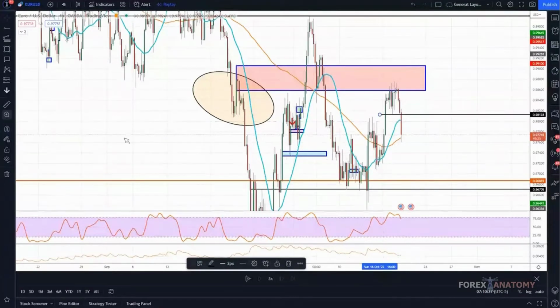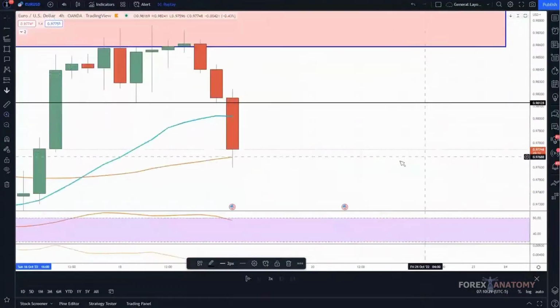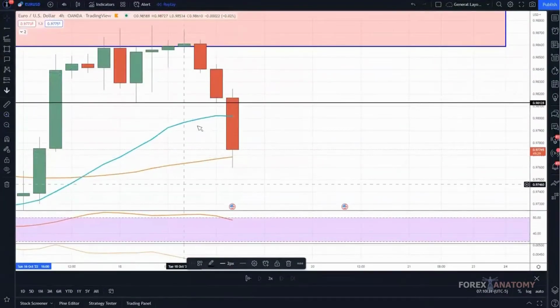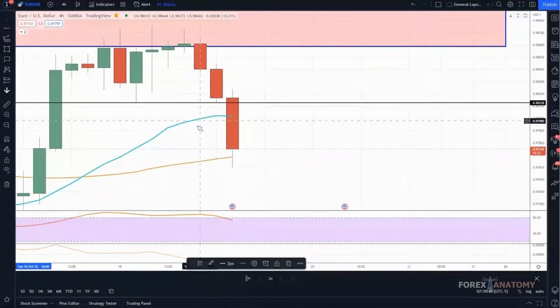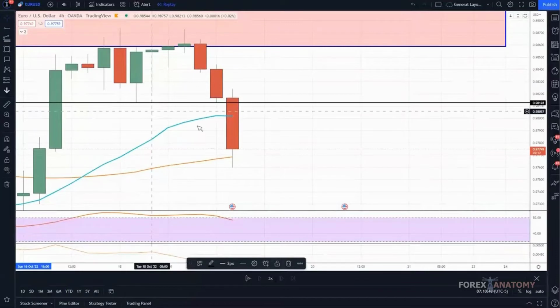I don't know if you guys can see this, but if you zoom in, you can see that the 20 simple moving average is starting to flatten out, and it looks like it may want to curl lower or start sloping down eventually. So what we can assume is that price is rotating somewhat, and we may see this translate even in the 4 hour chart, but we need to wait for this particular 1 hour candle to close, because when that closes, that's when the 4 hour closes too.